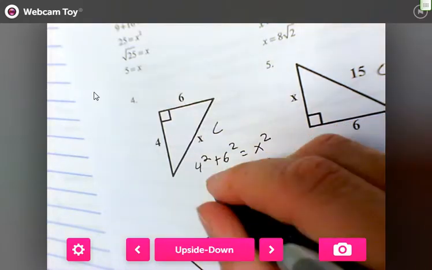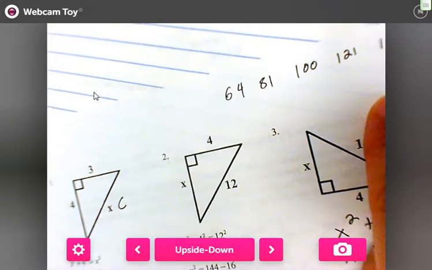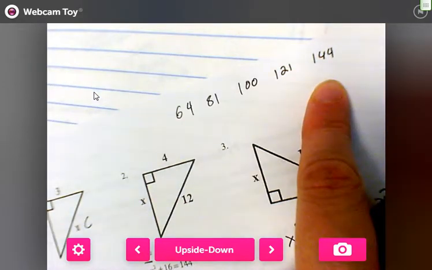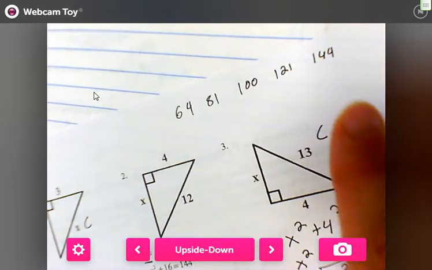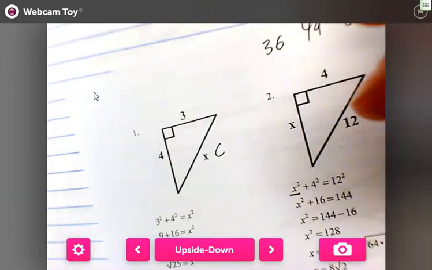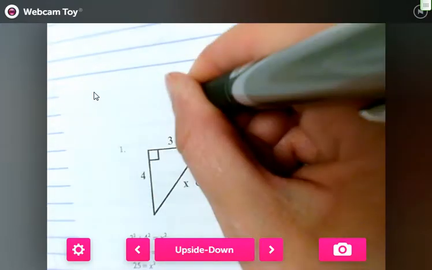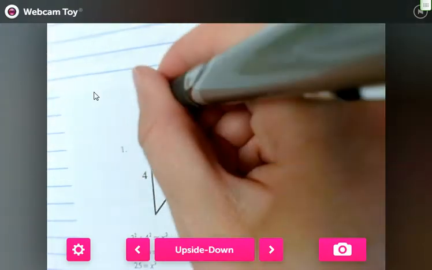So now I want to square root it. Okay, well I can't start with 144, right? I know that's not going to fit in there evenly. I've got to start with 49, we've got 49, 36, 25, 16, 9, and 4.